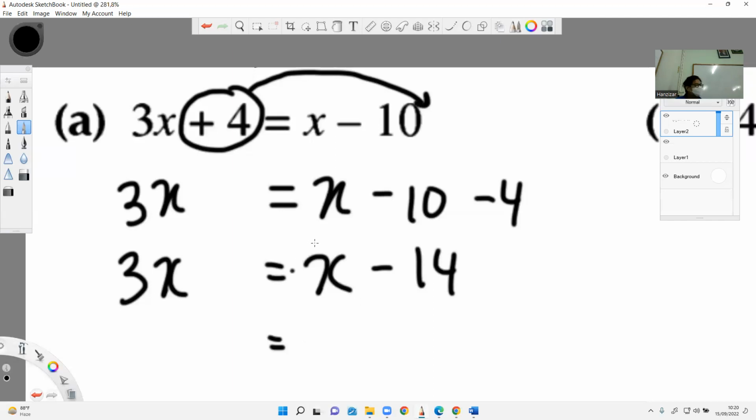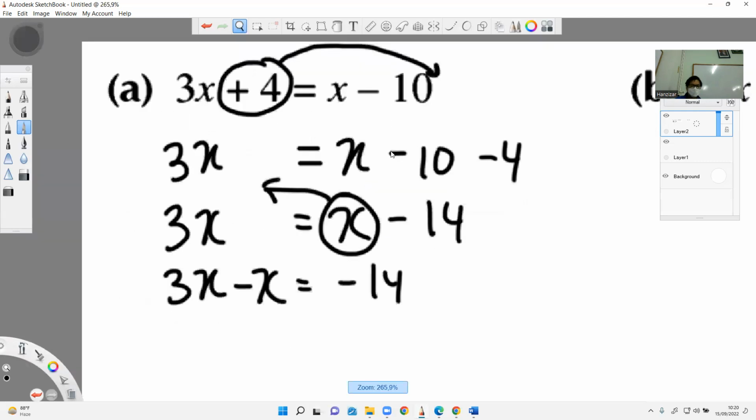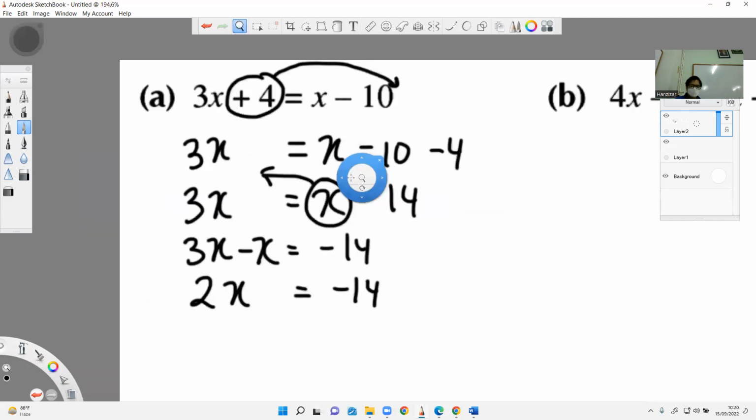You move the x to the left, right? The unknown to the left becomes negative x, right? Negative 14. Because I changed the unknowns from the right to the left side. So what is the value of x then? X is negative 7. Yep.